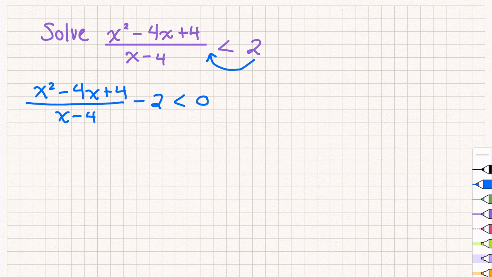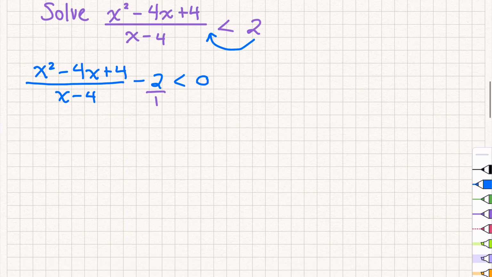So now, because we're dealing with a rational function, remember this is over 1. So we're going to find a common denominator. In this case, we have x minus 4 and we have 1. So what we're going to do, we're going to multiply this side by x minus 4.